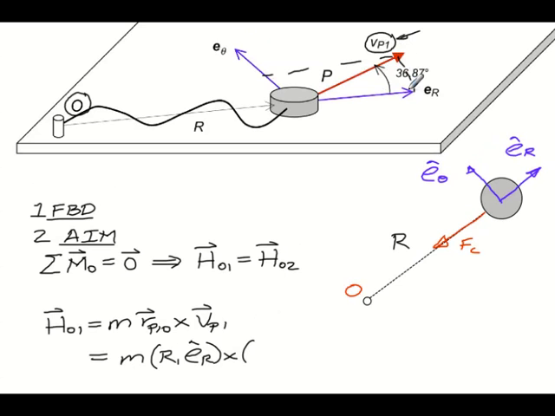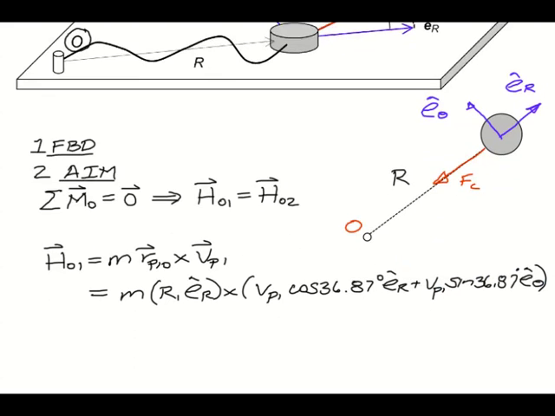So its projection on ER is going to be VP1 times cosine of 36.87. And its projection on the E theta direction is going to be that speed VP1 sine 36.87 in the E theta direction, like that.